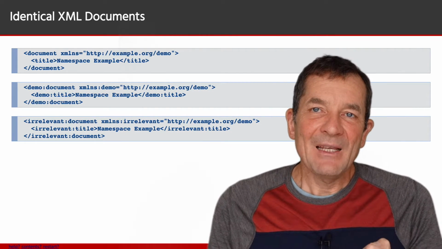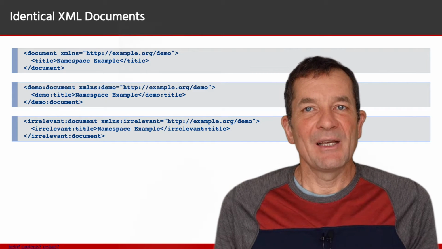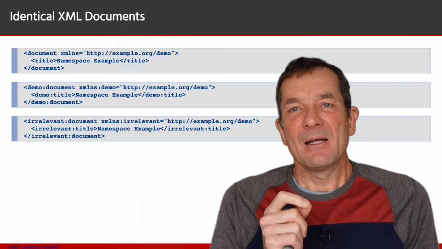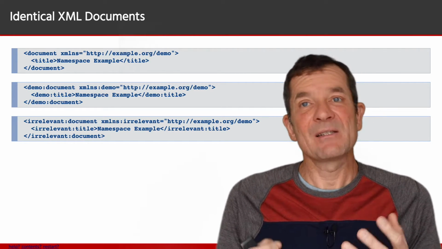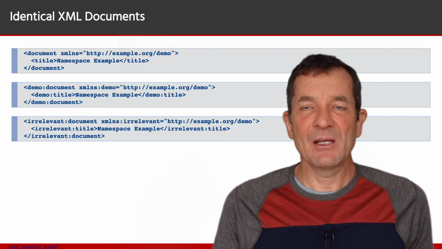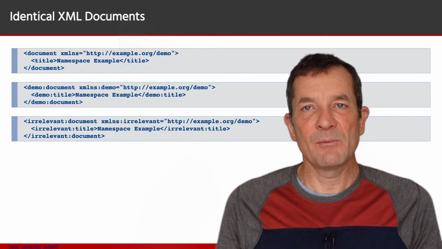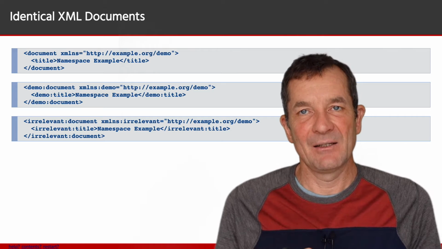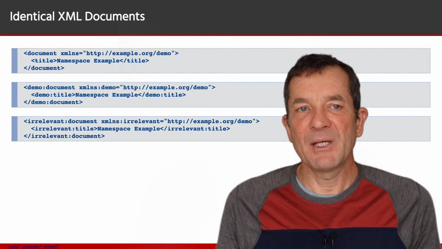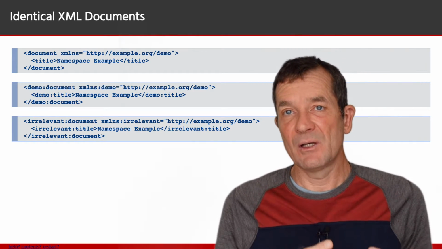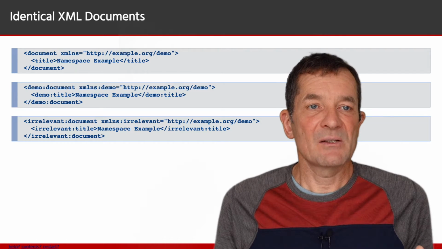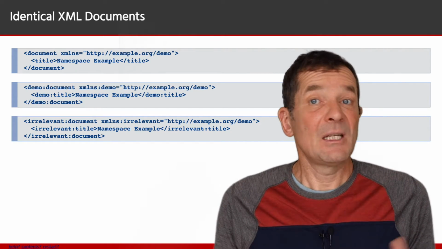And what this means, and I put this here because I think it may be interesting to look at, is that you can now have the same information encoded in very different ways, but it means exactly the same thing. So these three examples of XML documents mean exactly the same, even though they look quite different, because the first one uses the default namespace, the second one uses a prefix, and the third one uses a different prefix.